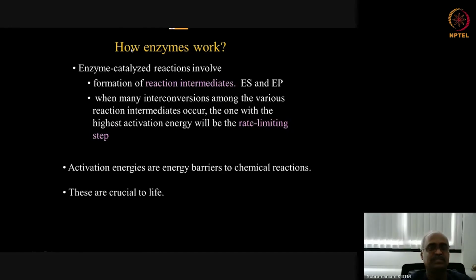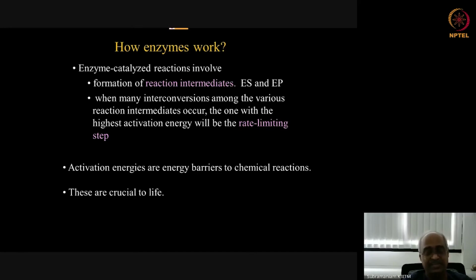Okay. So enzyme catalyzed reactions involve formation of reaction intermediates. We just saw enzyme substrate as an intermediate, because here the moieties of substrate are interacting with the enzyme moieties, and as a result these are constrained in a certain way.